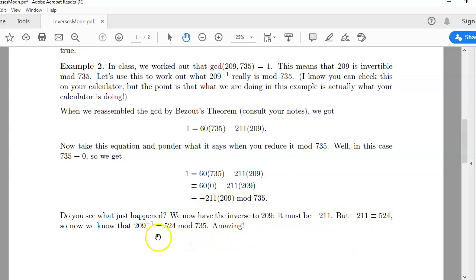So we just learned that the inverse of 209 is actually 524. If you punch that in your calculator, you will see you get 524 as an answer. This is amazing. What you learn is that because of Bezout's theorem, 209 has to be invertible mod 735. And the inverse, are you ready, is sitting right there. That is the inverse. And all you've got to do is reduce that inverse to get rid of the minus sign.